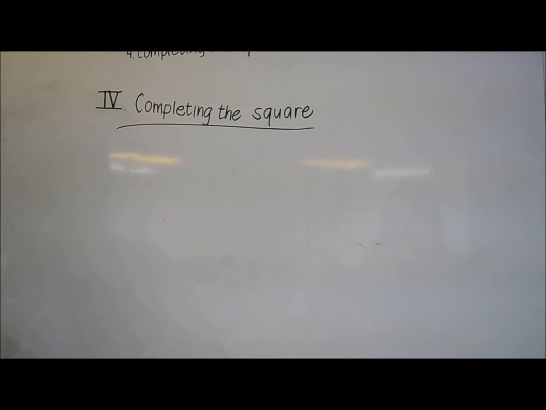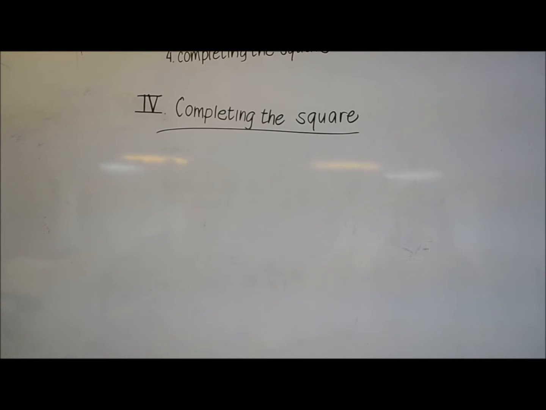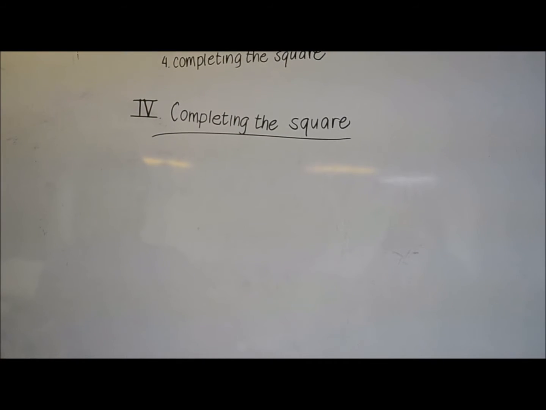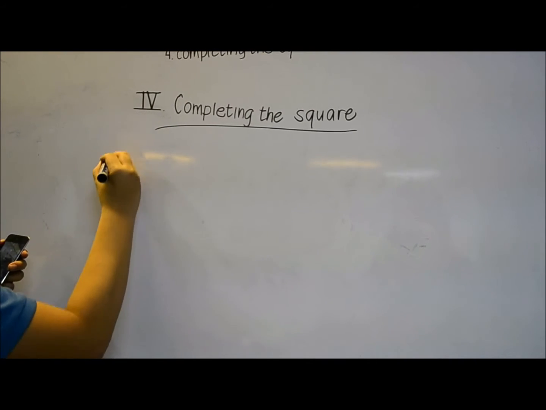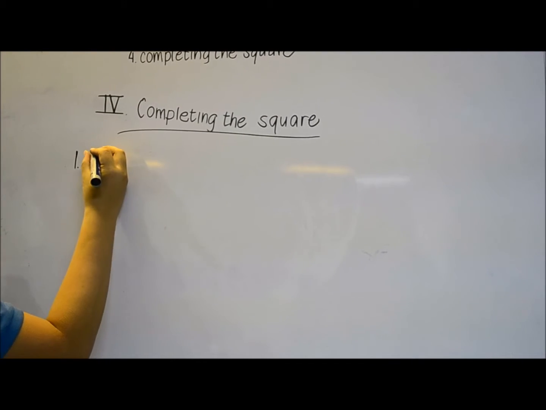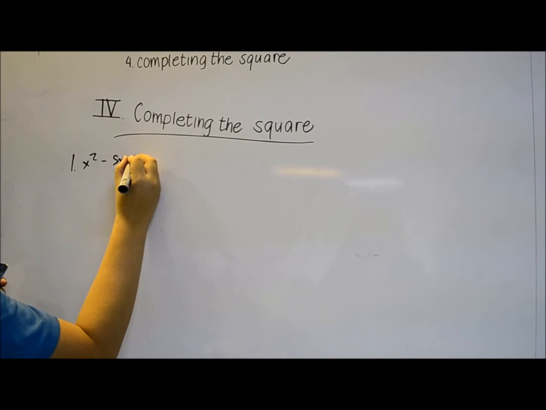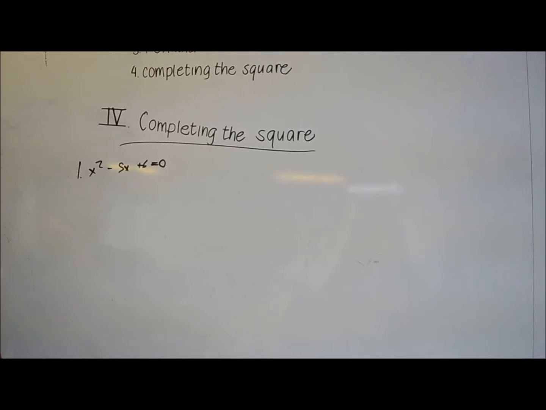By the way, we actually obtained the quadratic formula through this process of completing the square. Let's solve the same example, x squared minus 5x plus 6 equals 0, by completing the square.